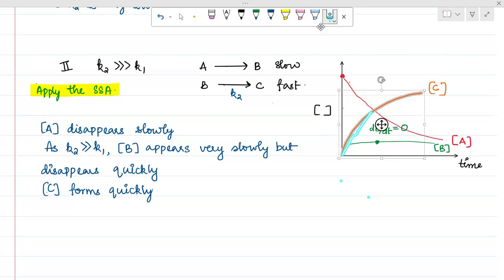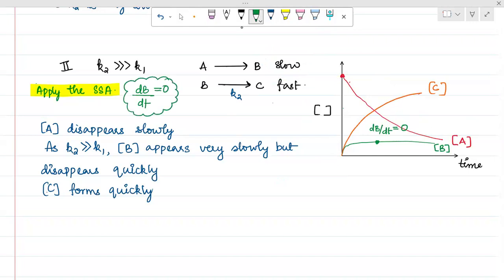Okay. So these are the conditions of SSA, where the intermediate is formed slowly but disappears quickly. And corresponding to the intermediate, you can put the condition dB by dt, which is the change of the concentration of the intermediate with time, as equal to 0.